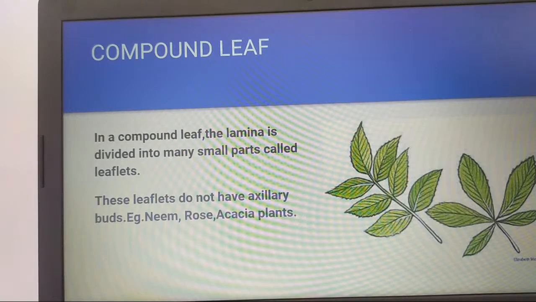Then, in case of a simple leaf, the cuts or margins may be present, but they do not reach up to the midrib. But when we talk about a compound leaf, the leaflets do not have axillary buds.